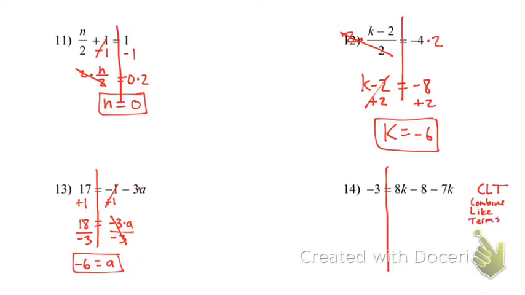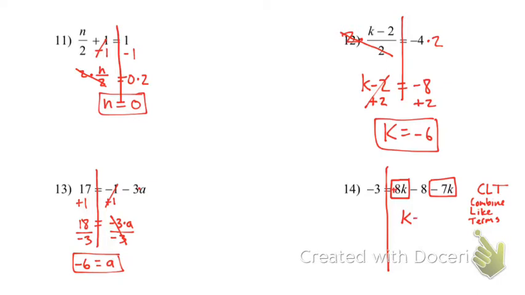That means I want to take this 8K, and keep in mind this 8 is positive, and I'm going to put it together or combine it with this negative 7K. And the reason I can do that is because they share the same variable. So I just got to do the math. Positive 8 and negative 7, when I put them together, it leaves me with 1K or just K. Okay, it's really 1K, but we can just call it K in math.